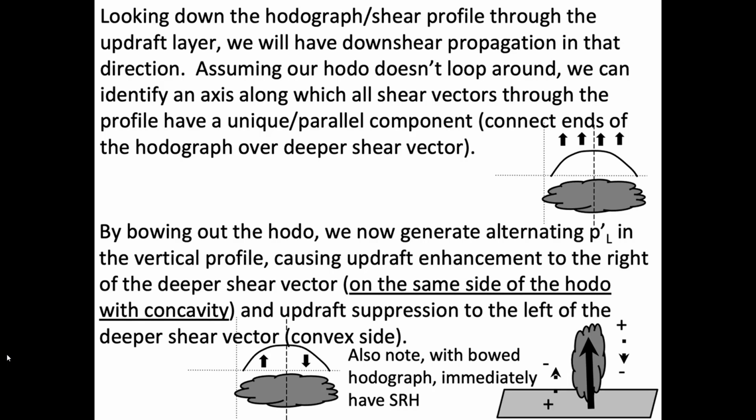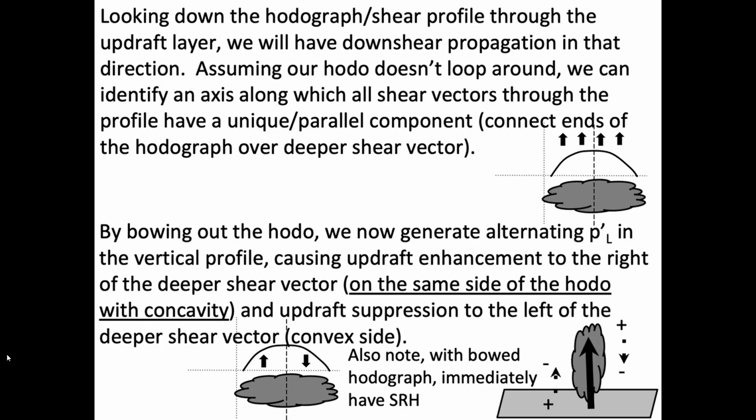And I repeat, it's very important here, an updraft enhancement to the right of the deeper shear vector, which is on the same side of the photograph with the concavity for this case. But we can generalize and say that there's an updraft enhancement to the right of the deeper shear vector on the same side of the photograph with the concavity.